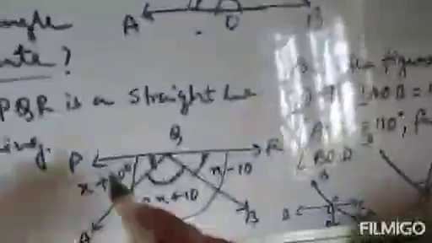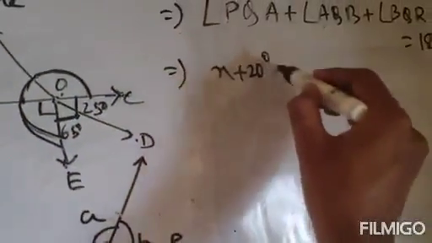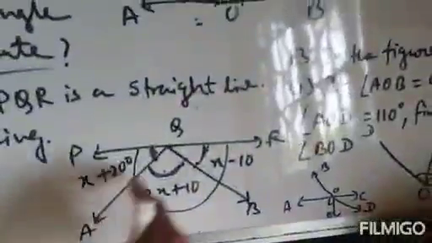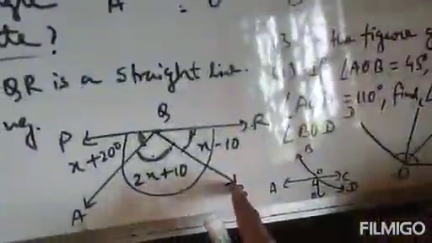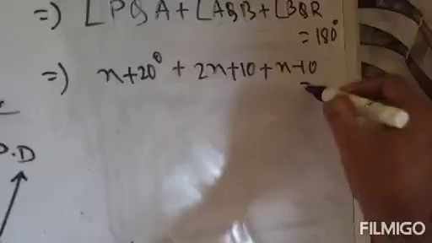Now PQA is given as x plus 20 degrees, AQB is given as 2x plus 10, plus BQR, which is given as x minus 10, that is 180 degrees.